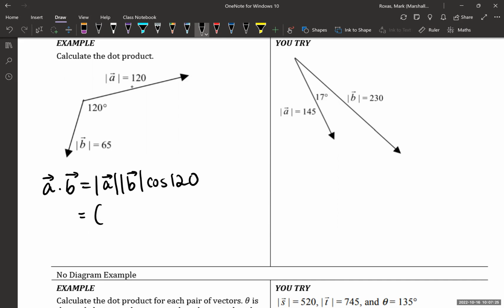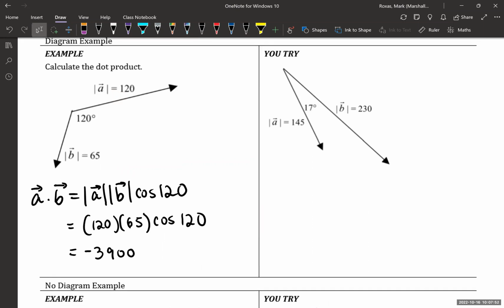So that's going to be 120 times 65 times the cosine of 120. If you have a calculator handy, take out your calculators, do the calculation, and make sure you get the same answer that I'm about to put on the screen. That answer is going to be minus 3,900. So you can get negative values, okay?